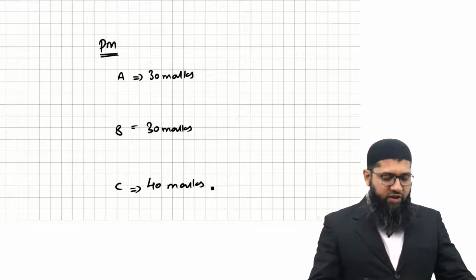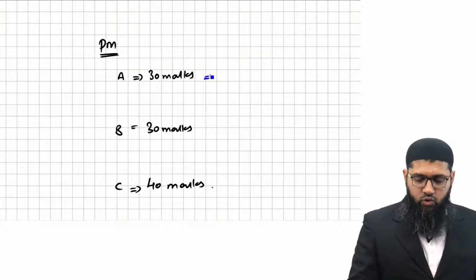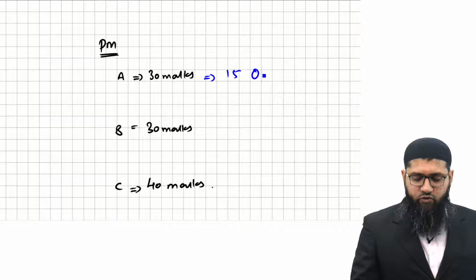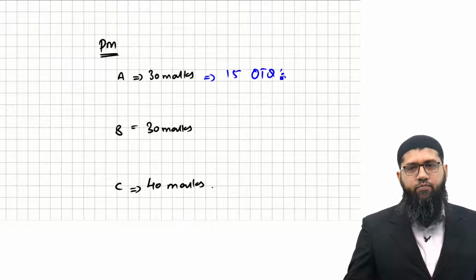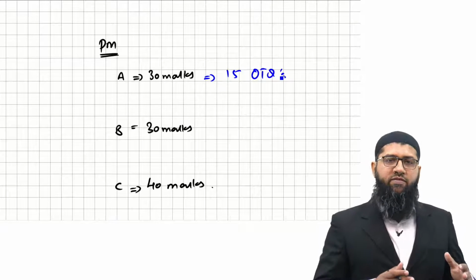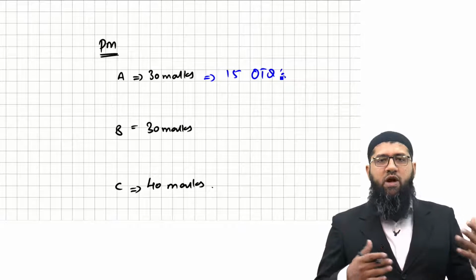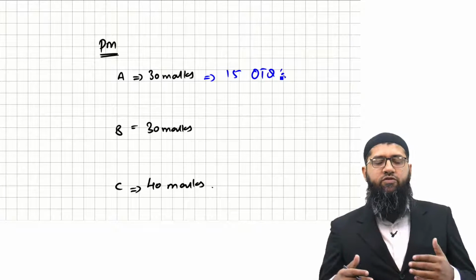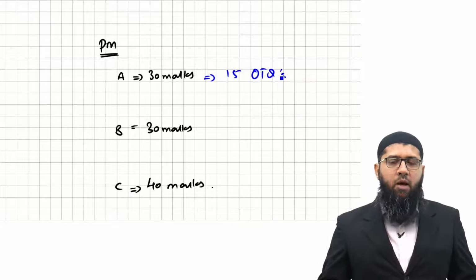With respect to section A, what is it that you get? You get 15 objective test questions, which we call OTQs. How are the OTQs different from the MCQs? Under the MCQs, you have to choose any one answer out of the available options.